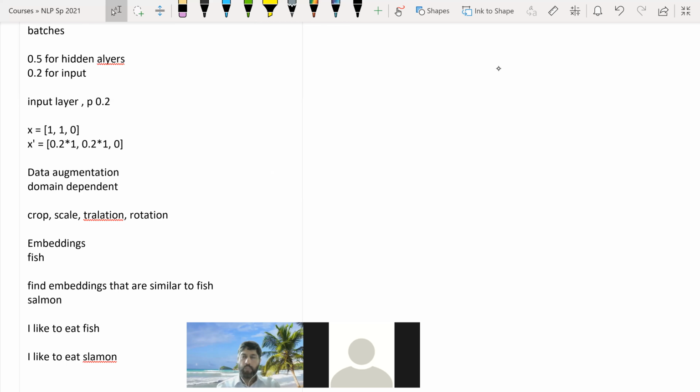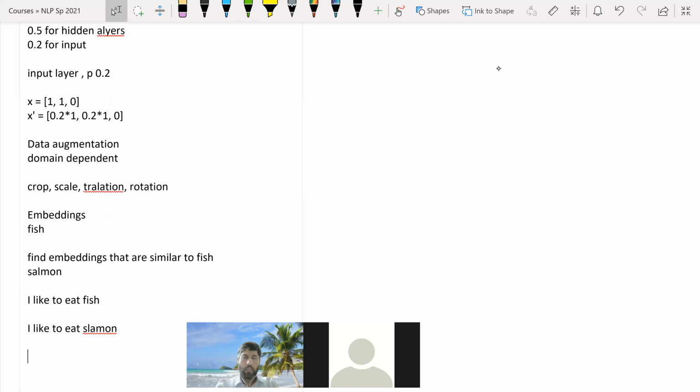So this is one way of augmenting data in NLP. In other NLP applications, there might be other ways. For example, my recent PhD graduate worked on the problem of paraphrase detection.